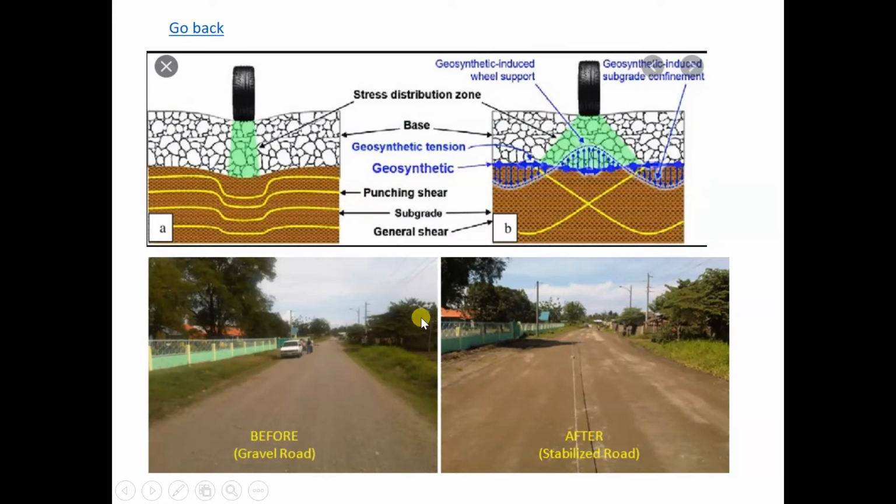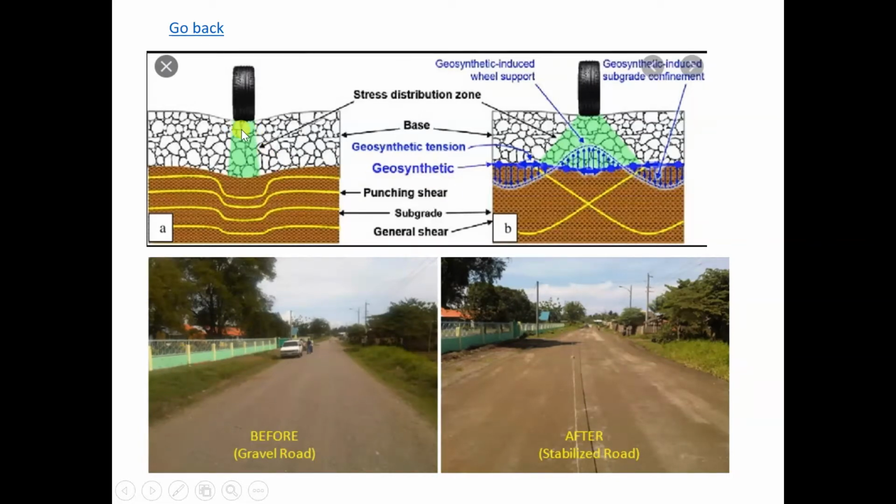Okay, so this one is just a diagram showing the effect of the stabilization. The top one, as we said earlier, is a geotextile or geosynthetic.